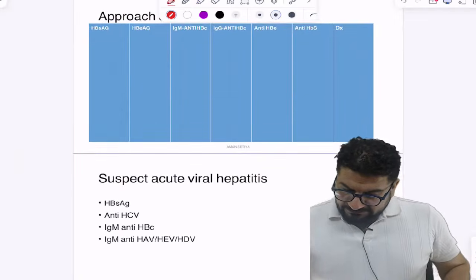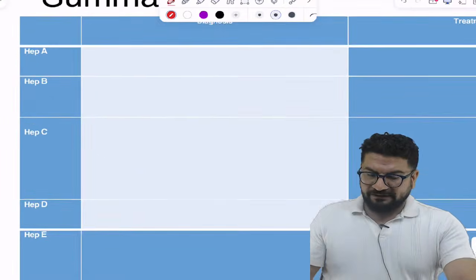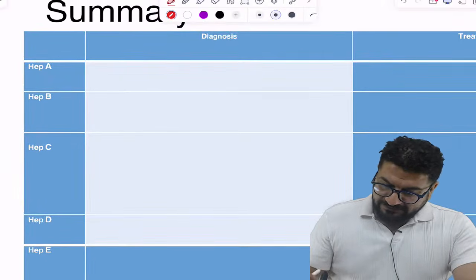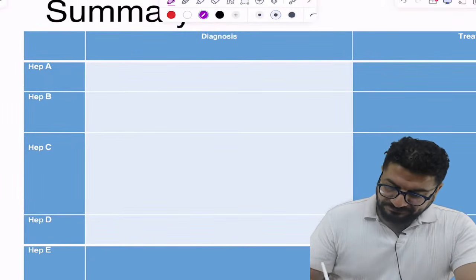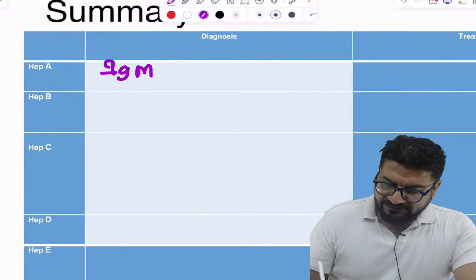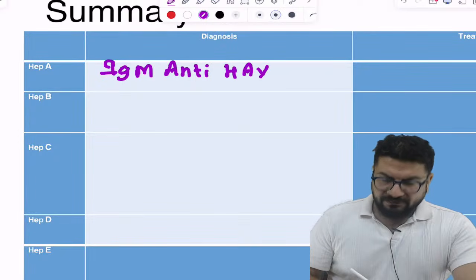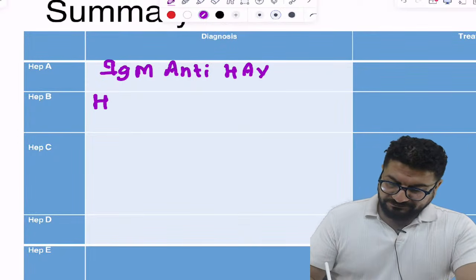Okay, now try to understand this thing. They ask you a question like how we summarize these different types of hepatitis. तो hepatitis A के लिए कैसे आप diagnose करोगे? Hepatitis A is acute, we check IgM anti-HAV. Hepatitis B के लिए क्या कराओगे?